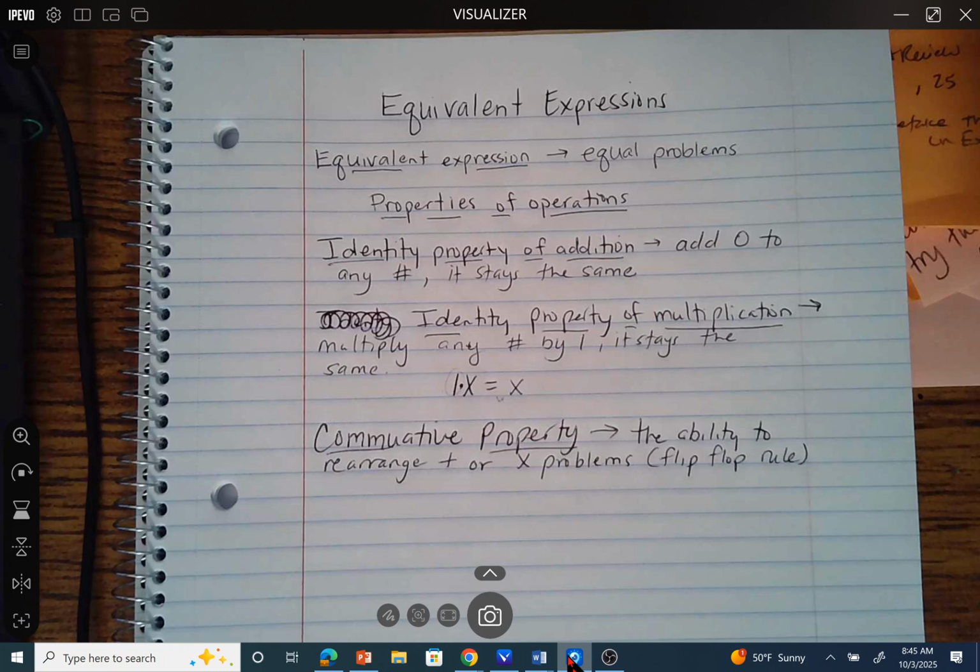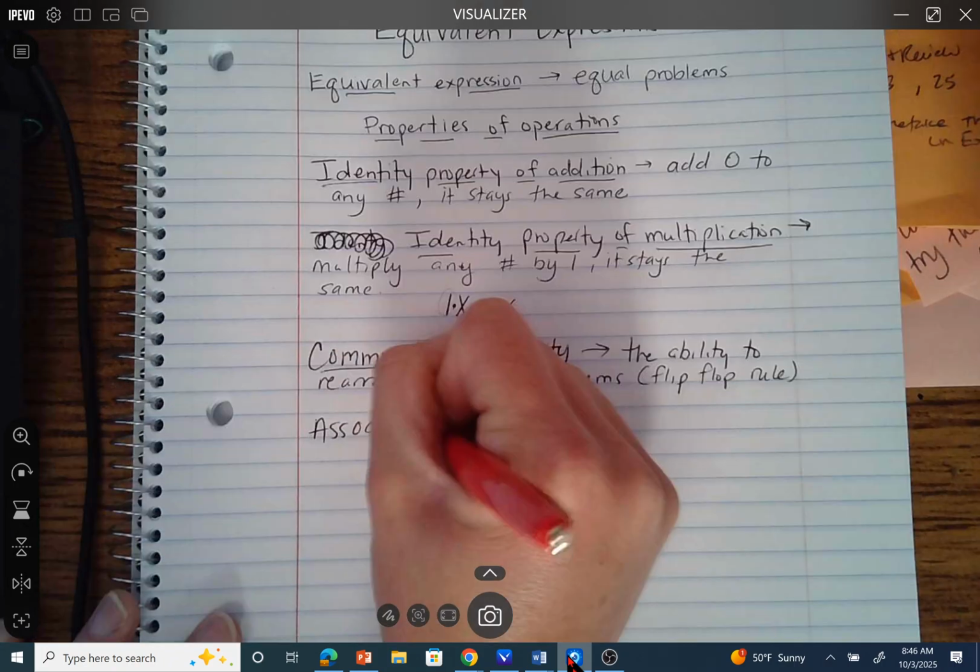Okay. All right. And then the last one, which to me, it is what it is. Associative property. It's fine. We don't use it that much. I just go over it just to be safe. It is the regrouping. And again, it ties in with if we can group things that go together, it makes the math a little bit easier in the simplification process.